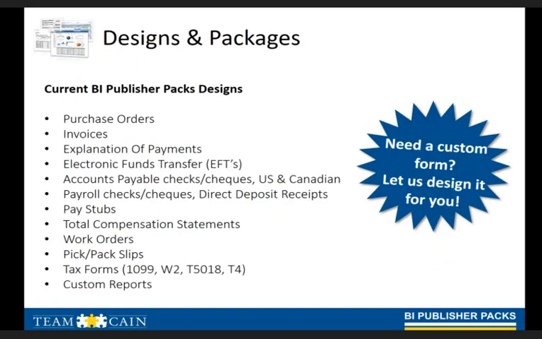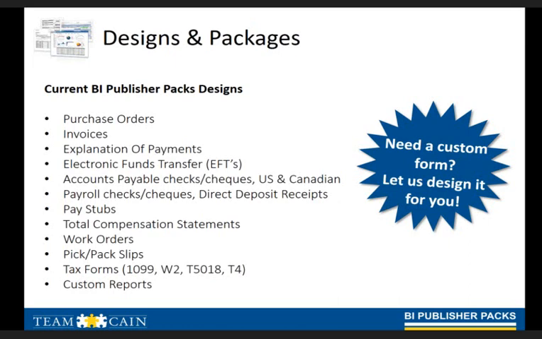What we have right now, and probably 80% of them are available for World as well as Enterprise One, but all of these are available for Enterprise One. So purchase orders, invoices, and when you're talking invoices, R42565, that's invoices, acknowledgments, and all the variations of that.